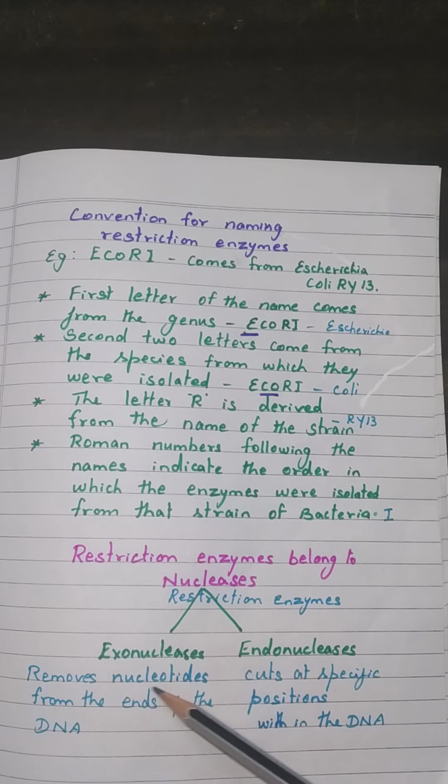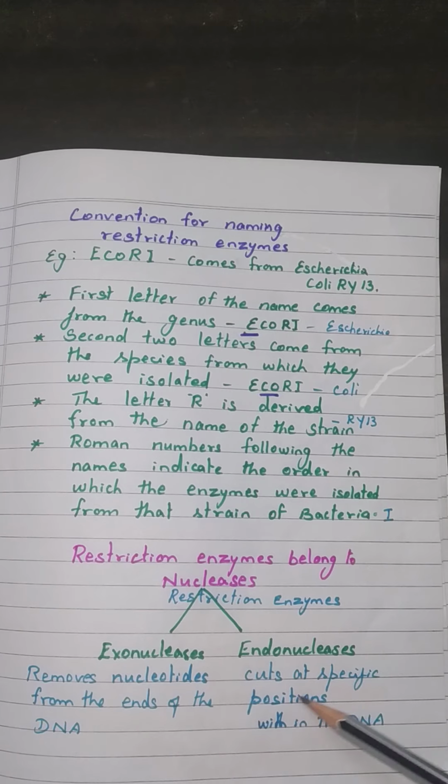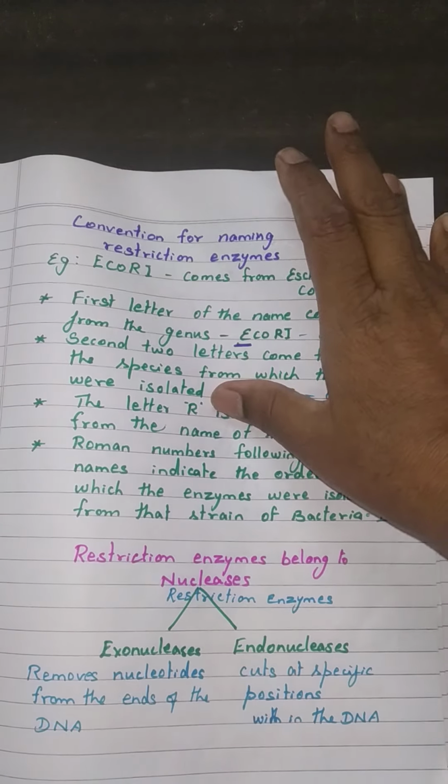A DNA is made up of many nucleotides. It's a polynucleotide chain. So there's a restriction enzyme, exonuclease, that removes nucleotides from the ends of the DNA, and the endonuclease cuts at a specific position within the DNA.